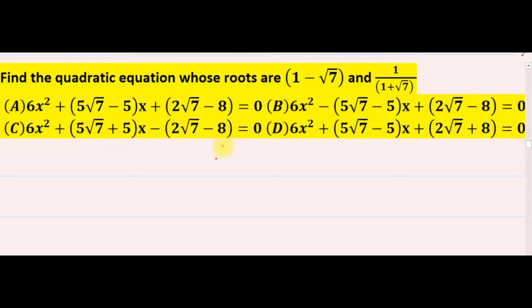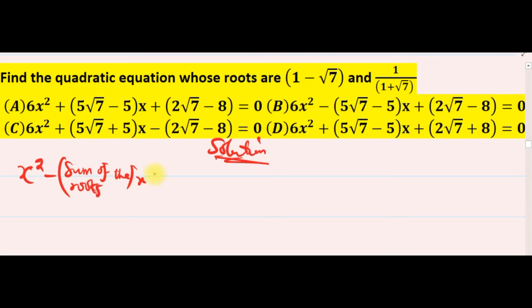We know that every quadratic equation is of the form x squared minus the sum of the roots times x plus the product of the roots must be equal to 0. So every quadratic equation is of this form.